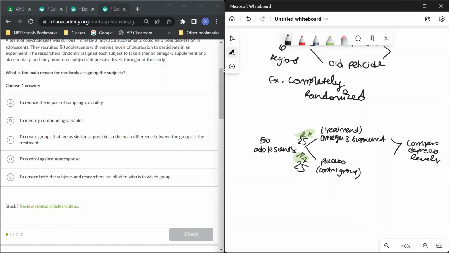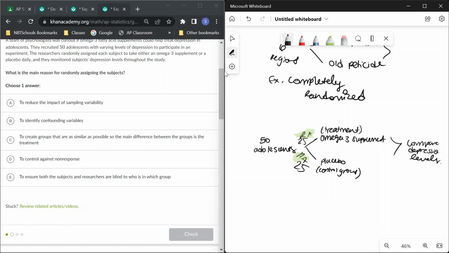Isn't that mostly the reason for a matched pair design? To reduce the impact of sampling variability. So how the samples vary. I feel like that's good. But at the same time, reducing sampling variability, doesn't that create groups as similar as possible?